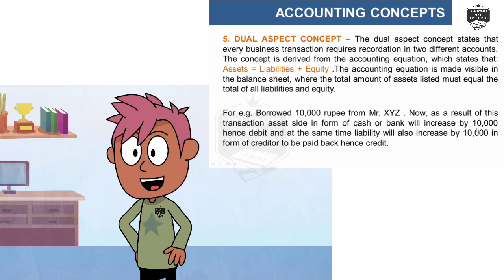But at the same time, we will have to record it as liability, and that liability will increase by 10,000 in the form of creditor which needs to be paid back to Mr. XYZ, and hence that would be a credit account. And thus we can see that for the debit account, we are also creating a credit account.